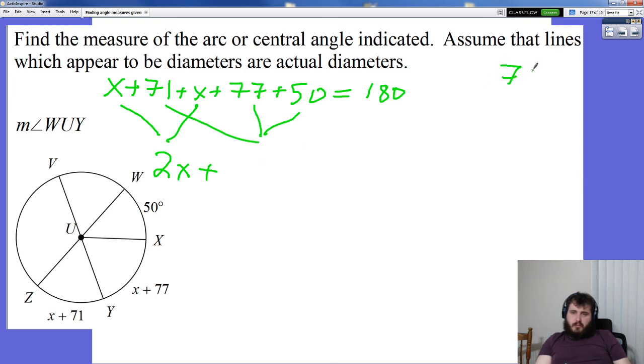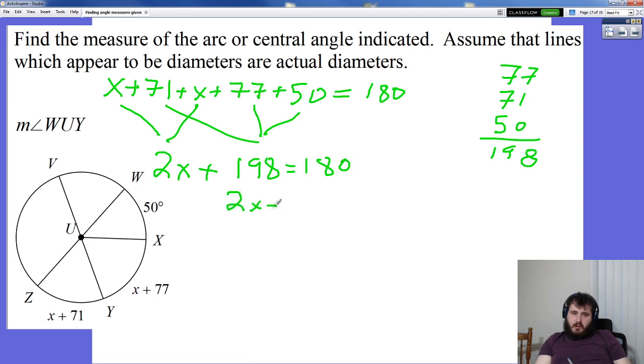I don't feel like trying to do this in my head. 8, 7 and 7 is 14, plus 5 is 19. So 198 equals 180. Subtract, 2x equals negative 18. X equals negative 9. That's x, but we don't want x. Let's figure out what WUY is.